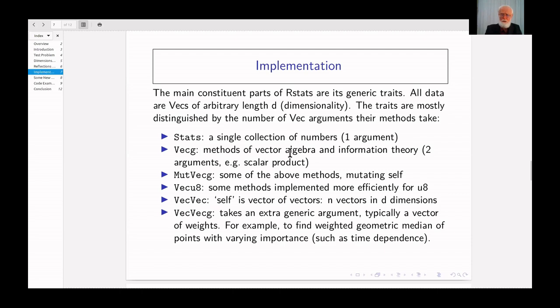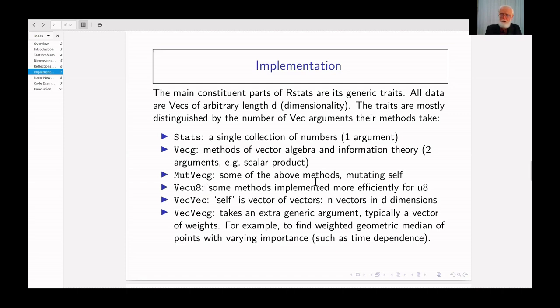VecG, methods of vector algebra and information theory, which usually take two vectors, i.e. scalar product. Mutable ones, where some methods are more efficient if we mutate the self, though I try to avoid that because it destroys the functional chaining.